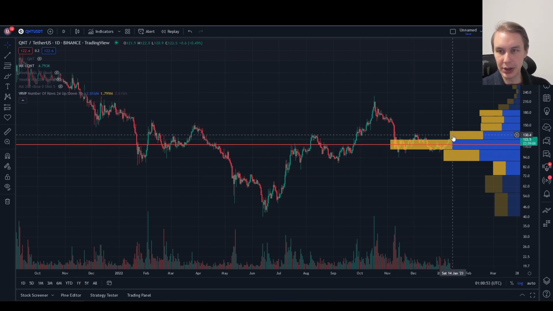And so the more that you can get above people's cost bases, you might actually get into some clear skies where the price can run a bit more free before you ultimately hit some resistance as people decide to start selling. And so if we can break above this range and really get above about the 140, then it wouldn't be unrealistic to think that Quant could go back up and retest the highs that we had in October, if not potentially higher should we end up getting there.